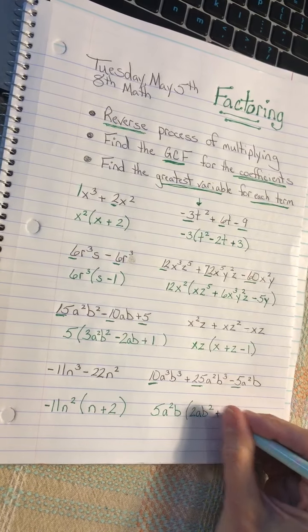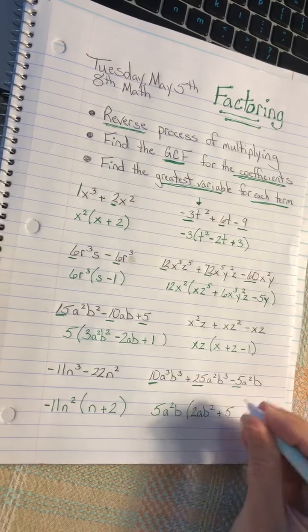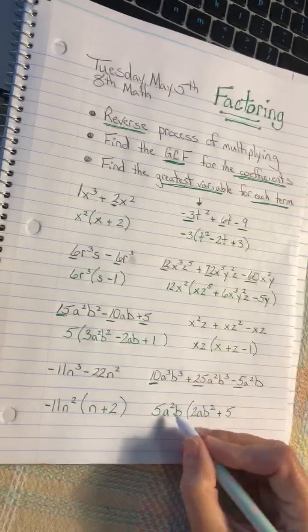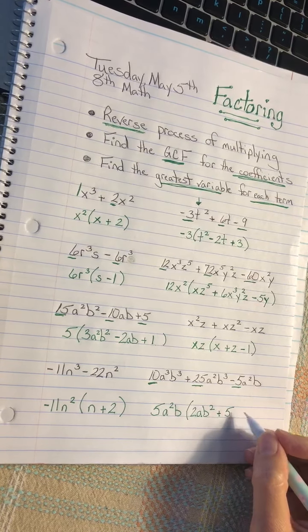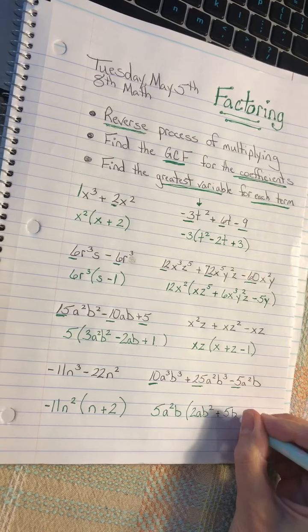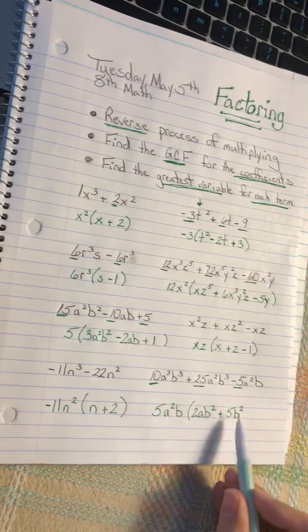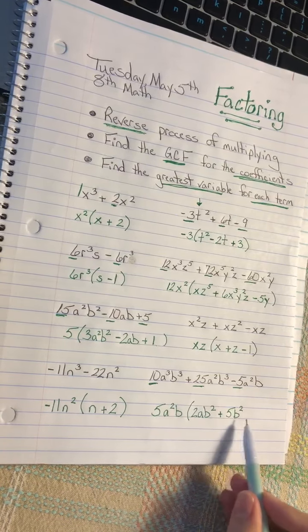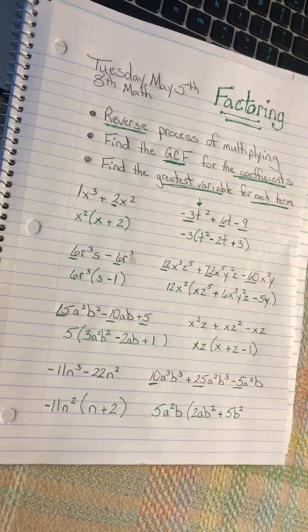Let's go to the second one. 5 times 5 will give me 25. I already have my a squared out here, so I don't need to add an a, but I need to make b to the third, so I need to add a b squared. When I multiply these two together, I get 25 a squared b to the third.